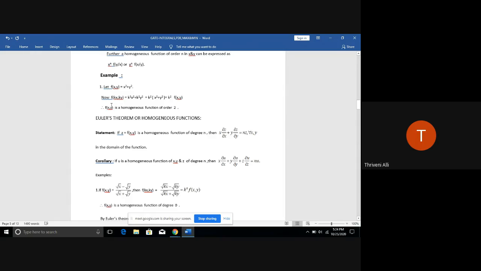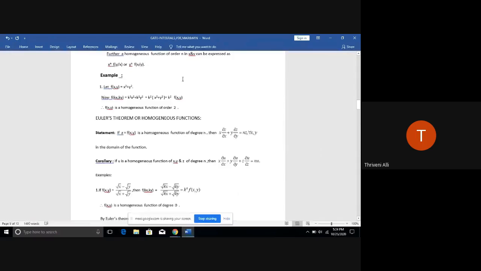Is it clear with the example 1? Yes. Students, can you hear me? Yes.